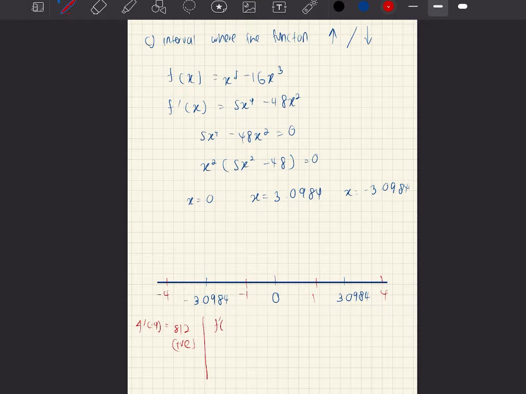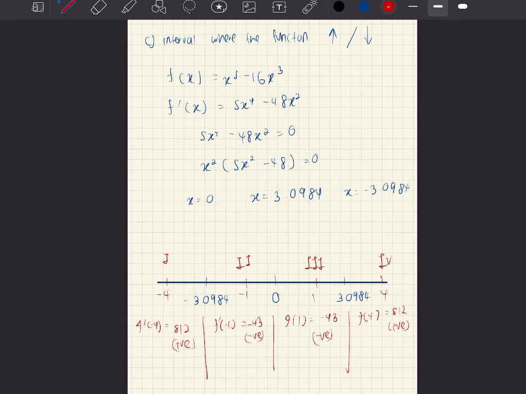Plugging in f'(negative 1), we get negative 43, a negative value. f'(1) is negative 43, a negative value also. f'(4) we get 512, a positive value. So here we have 4 intervals.